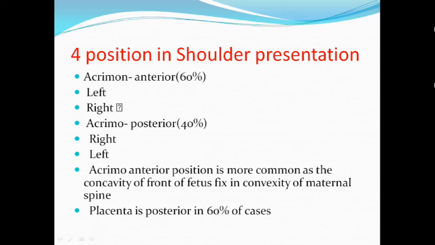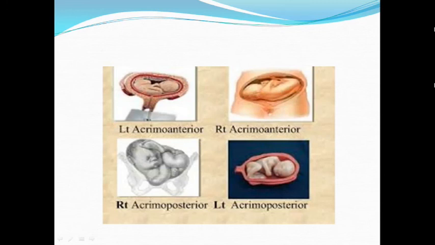The placenta is posterior in 60% of cases. But the acromion is anterior or posterior, right or left, like this. As you see, there is dorso-anterior and dorso-posterior. In this case the dorsum is posterior, and this is also dorso-posterior. So it is right or left, left or right.